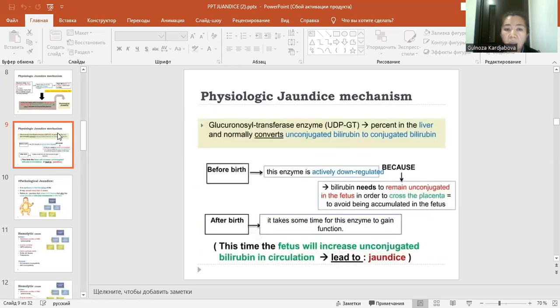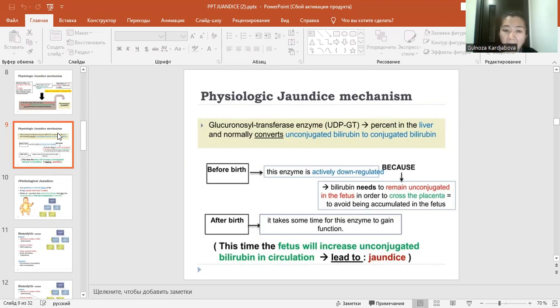So, glucuronyl transferase enzyme is present in the liver and normally converts unconjugated bilirubin to conjugated bilirubin. Before birth, the enzyme activity is down-regulated because bilirubin needs to remain unconjugated in the fetus in order to cross the placenta and avoid being accumulated in the fetus.